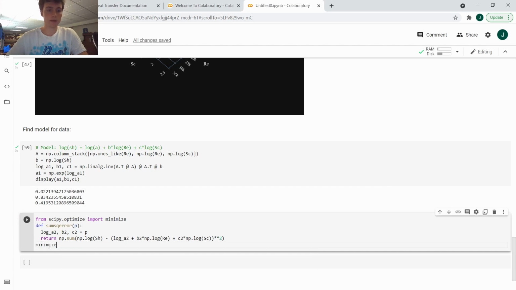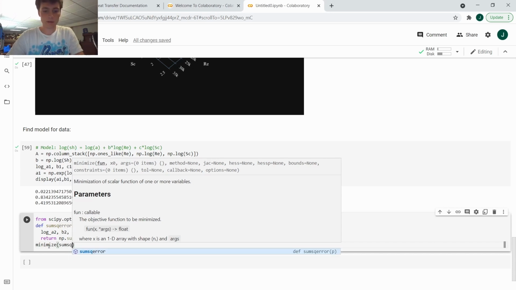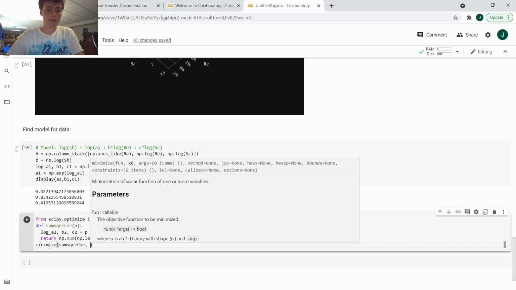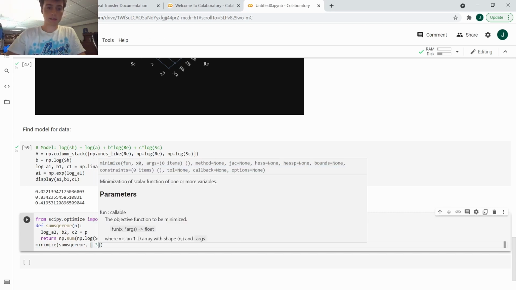So we say minimize, let's see what it needs. It needs the function we're trying to minimize, which is the sum square error that we just defined. And then it needs an initial guess. For our initial guess for A, remember that it's not what A actually is, it's the log of A. We'll just say it's -3.